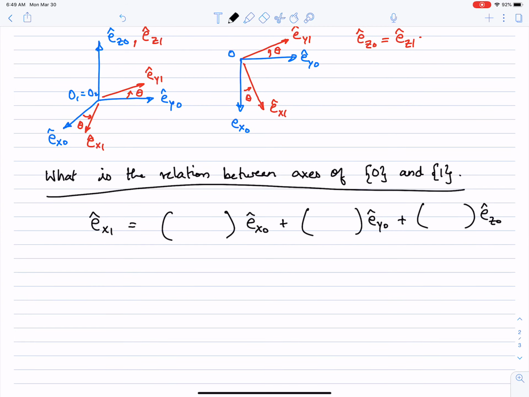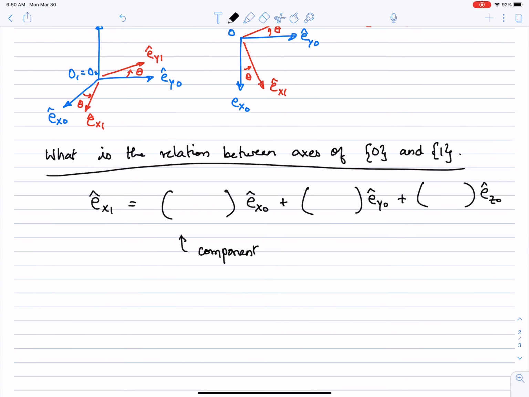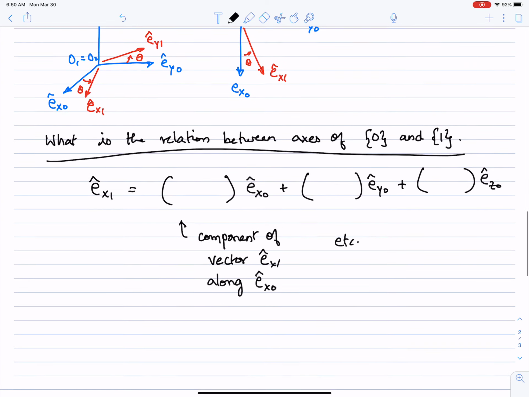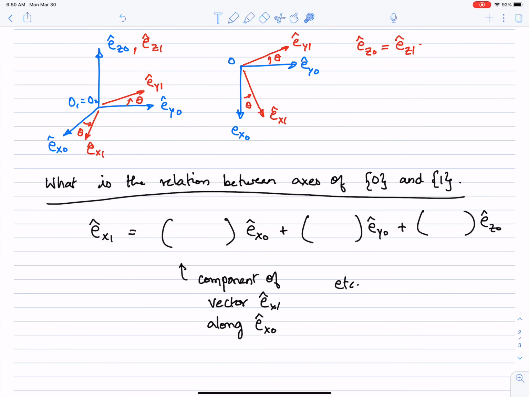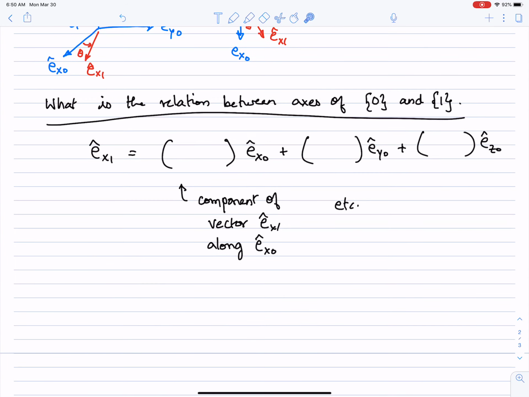Okay, so what is this going to be? This is the component of vector EX1 along EX0, and then these are etc. Okay, so what is the component of EX1 along EX0? It's the projection of EX1 onto EX0, which is going to be cosine theta.